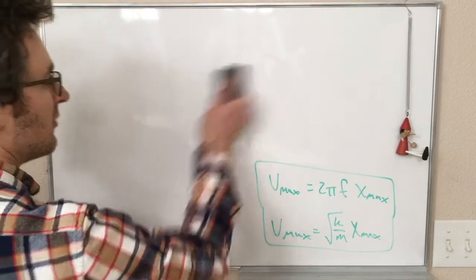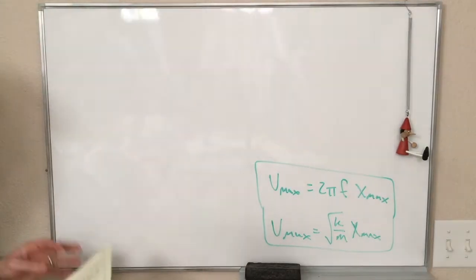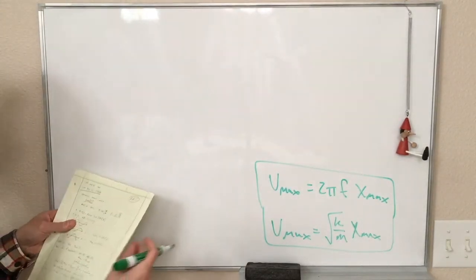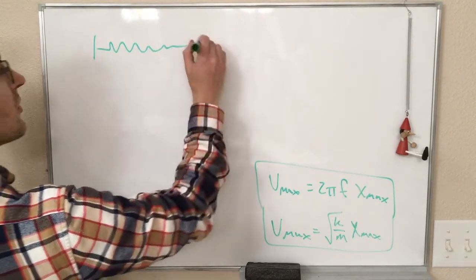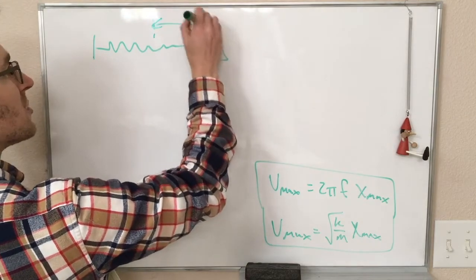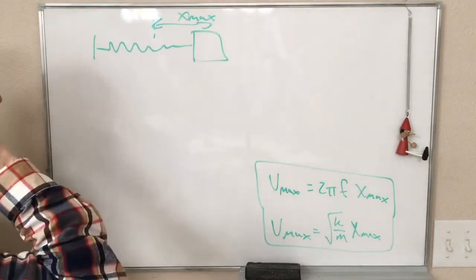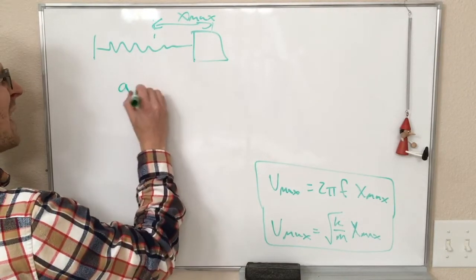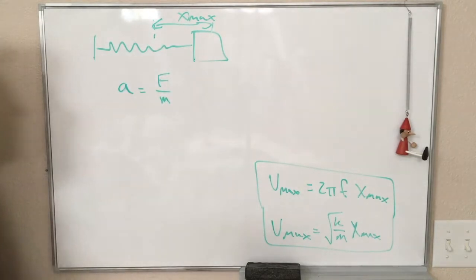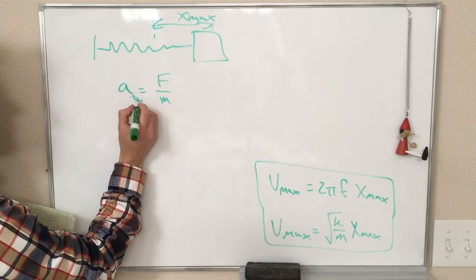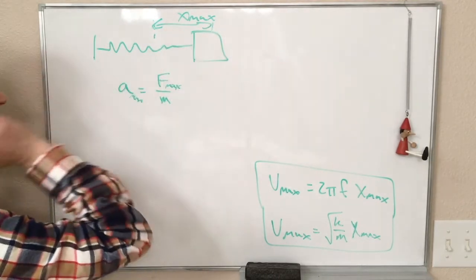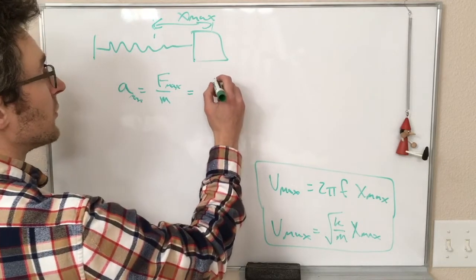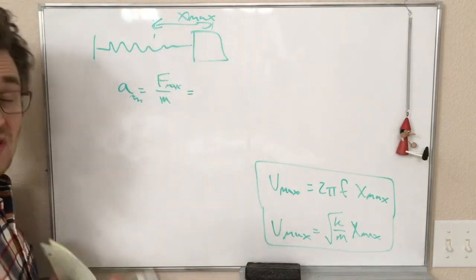We also can do a similar thing to figure out the acceleration, although here we're not going to use energy, we're going to look at forces. So when we have our block pulled back its furthest distance from its equilibrium position at x max, the acceleration that we get is equal to F over m, or I guess I should say a max is equal to F max over m. And the maximum force we get, if we've pulled this back a distance x max, is equal to this distance x times the spring constant.